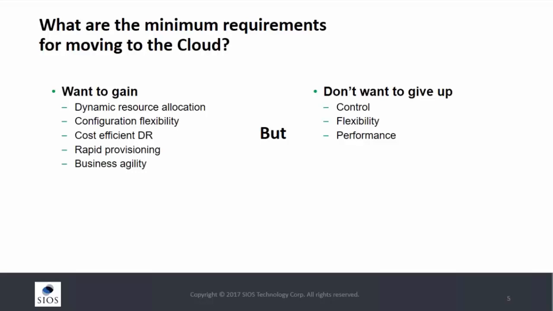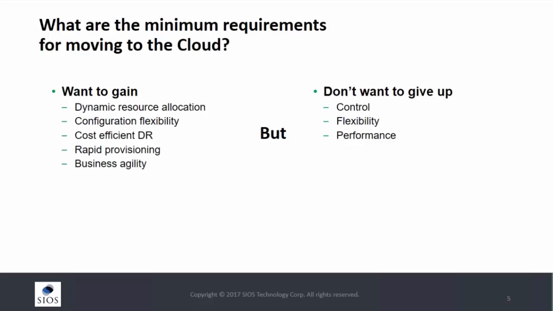But at the same time, when we're talking about what the cloud advertises and what you hope to get, there are still some very fundamental items that customers and partners considering a move to the cloud are concerned about not wanting to give up. The perception, number one, is of control and flexibility.